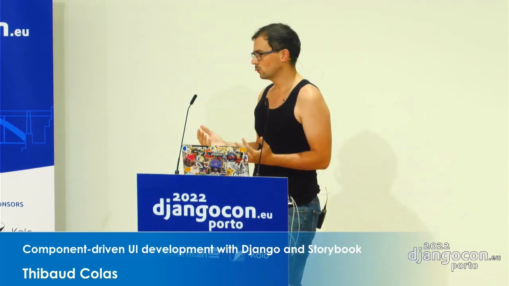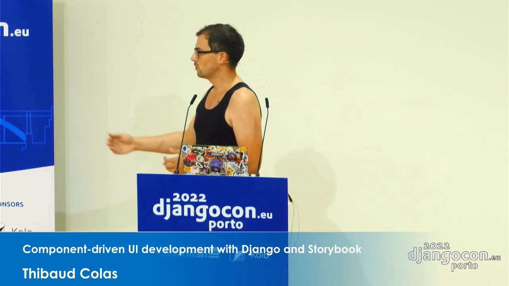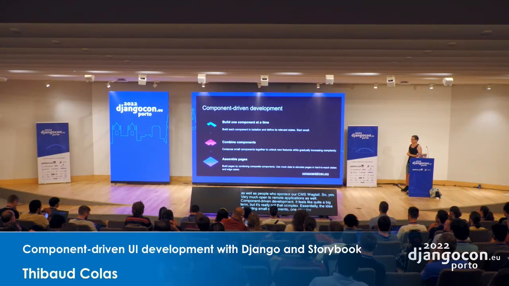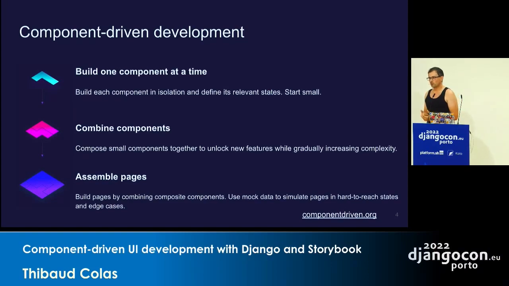So component-driven development, it feels like quite a big term, but it's really not that complex. It's essentially the idea of creating small components, one after the other, starting with the simplest ones, then gradually over time increasing complexity by combining those components until you actually arrive at pages. So if you think of a CMS like Wagtail, the whole point of the CMS is to help you create pages.